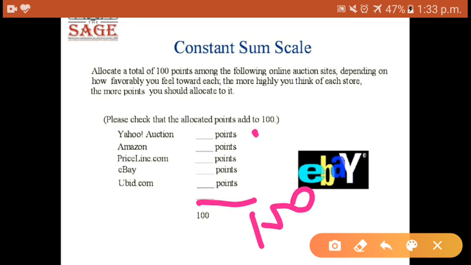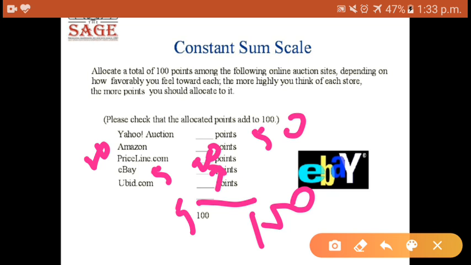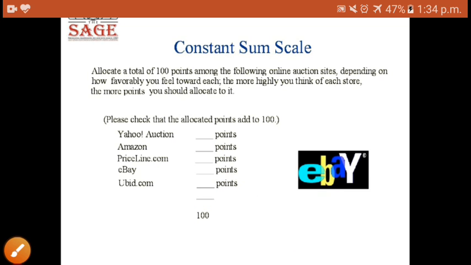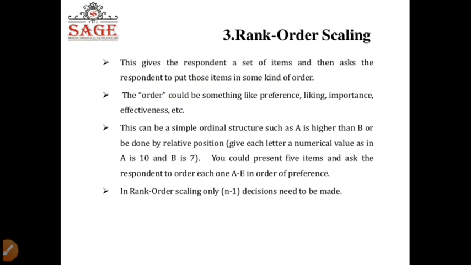If I give 50 to Yahoo, Amazon I give 10, Priceline.com I give 20, and this one I give 5, then 20, 30, 40, 50, so let me give this one 30. Now if this adds up to 100, and I want to do research on this, naturally I will see that Yahoo auction is the most popular.